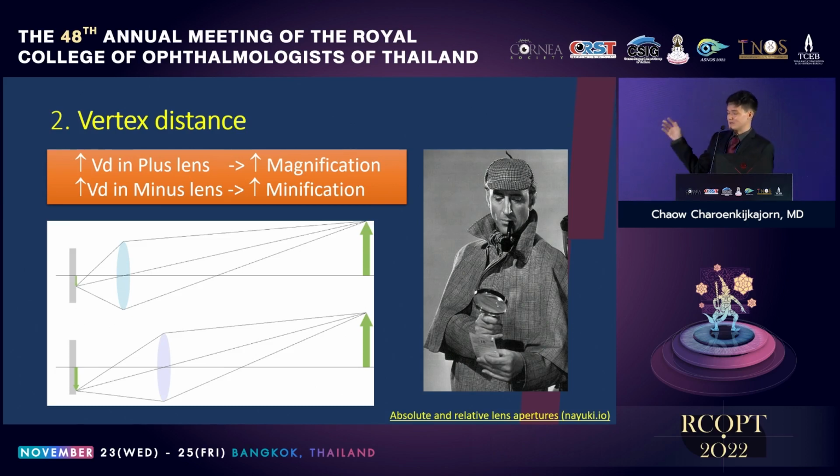For example, on the right side, this is Sherlock Holmes, and he is using a magnifier. So if he puts the magnifier away from his eye, he's going to see things bigger. So in order to correct aniseikonia, we can reduce the vertex distance, put the lens closer to our eyes, and that will decrease magnification and minification.